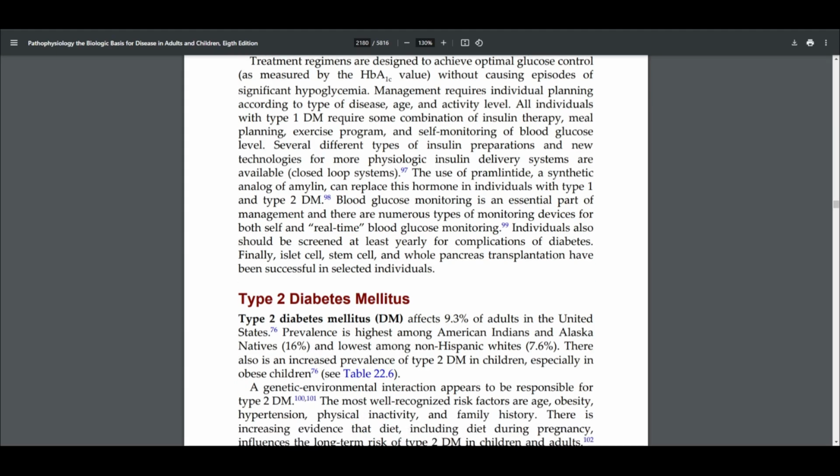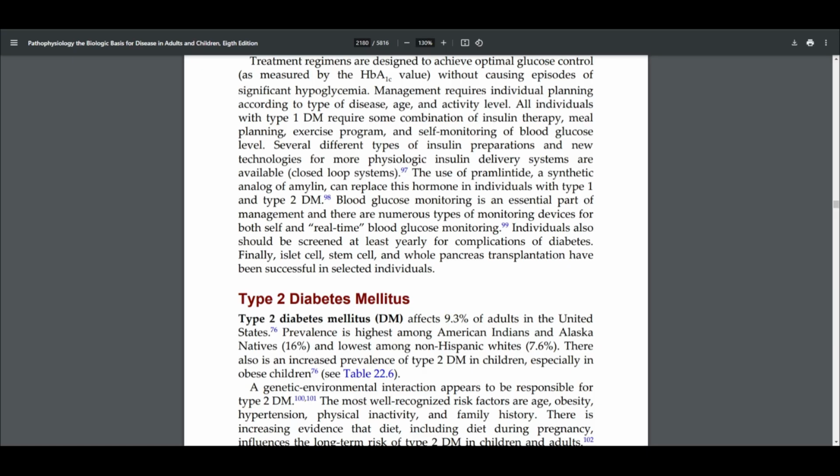Management requires individual planning according to the type of disease, age, and activity level. All individuals with type 1 diabetes require some combination of insulin therapy, meal planning, exercise program, and self-monitoring of blood glucose levels. Several different types of insulin preparations and new technologies for more physiologic insulin delivery systems are available.